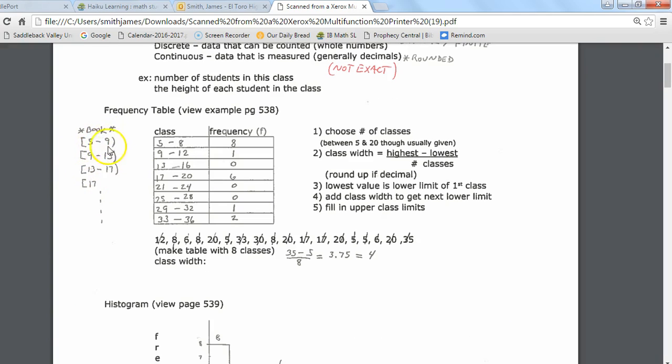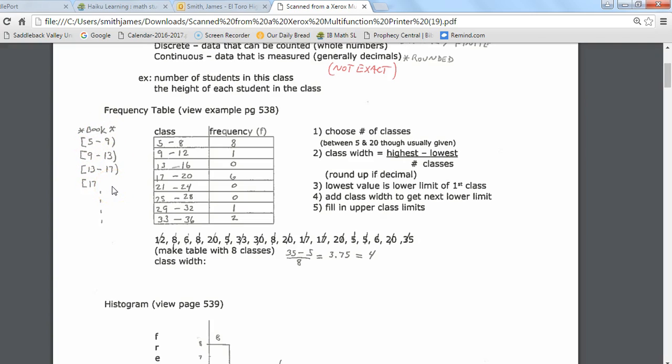Here's one benefit to having classes like this: naturally they don't have any spaces, and so if it was written this way, I don't have to worry about using 0.5s because there are no gaps. This one ends at 9 and this one begins at 9, so there are no gaps when it's written this way.